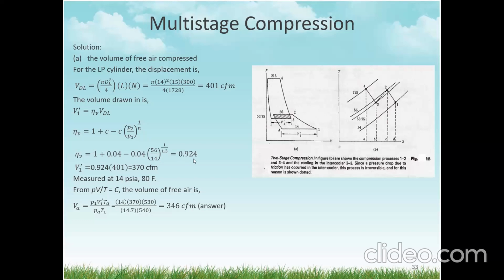So it is equal to 0.924. V sub 1 prime is 0.924 times 401, which is 370 CFM.